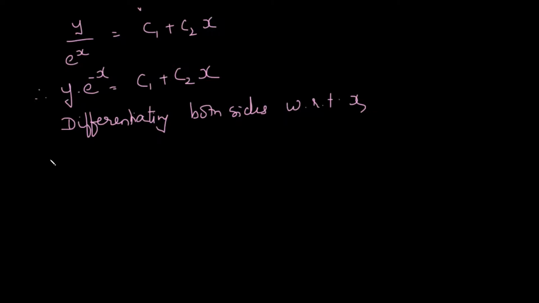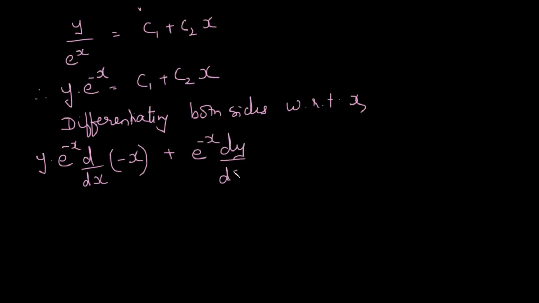So the product rule of differentiation, we get y into, now what is the differentiation of e raised to minus x? It is e raised to minus x itself, but then we also have to do the differentiation of minus x because of the chain rule. We do this also. Plus e raised to minus x now remains as it is, and the differentiation of y becomes dy by dx.